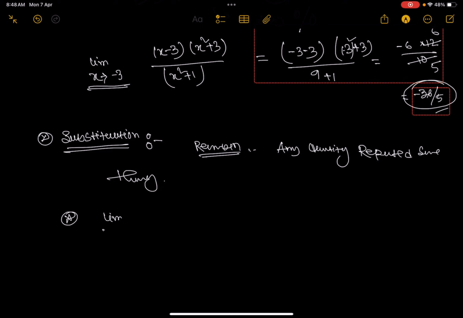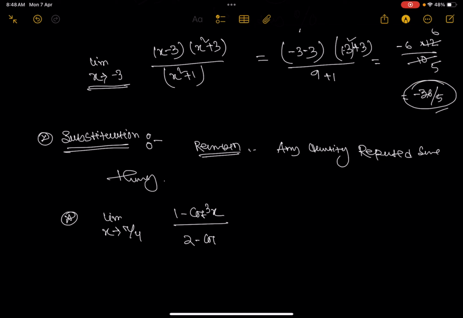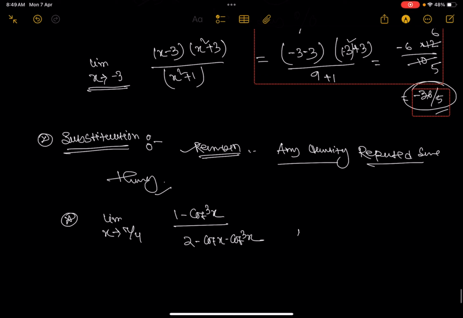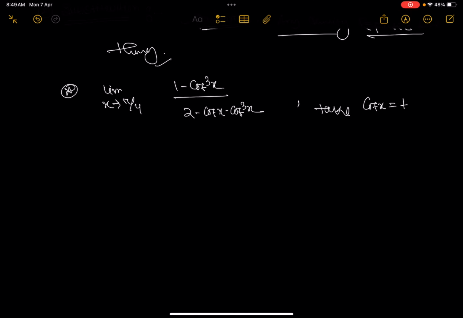We see here limit x tends to pi by 4, 1 minus cot cube of x by 2 minus cot x minus cot cube x. Any quantity repeated the same thing: cot x is repeated here 3 times, so let us take cot x equals t.